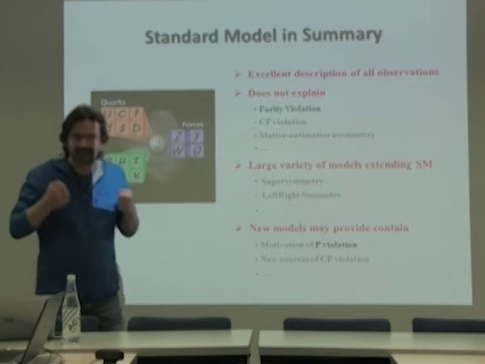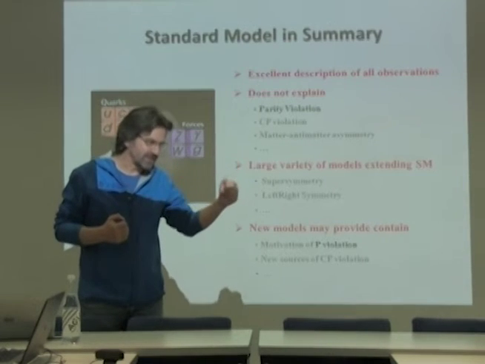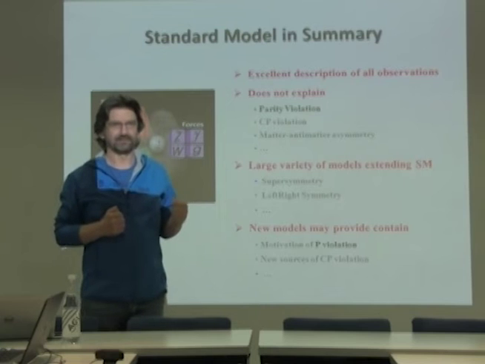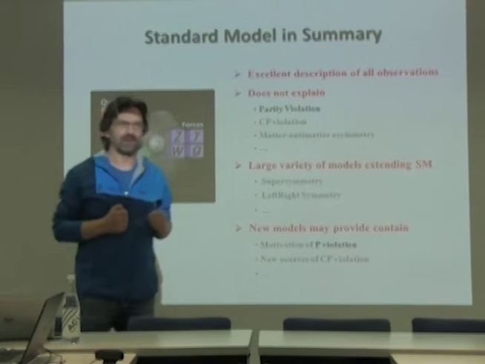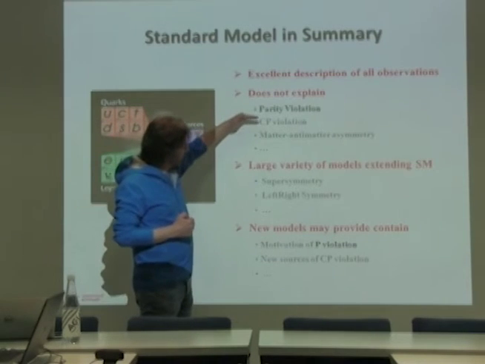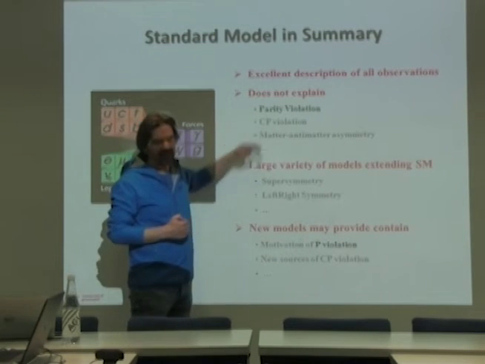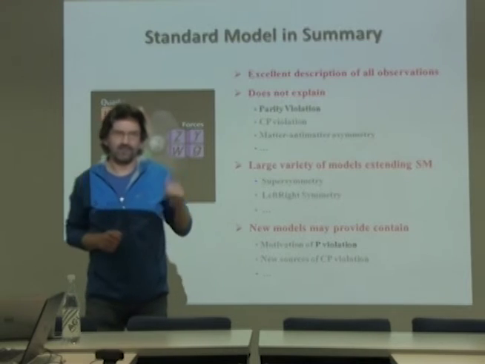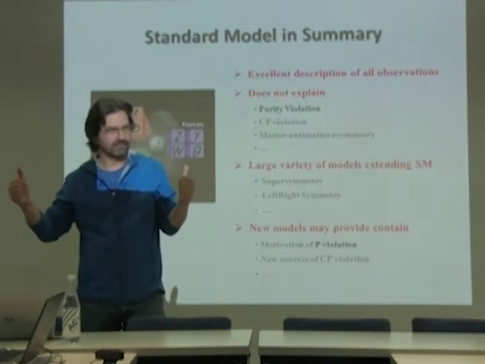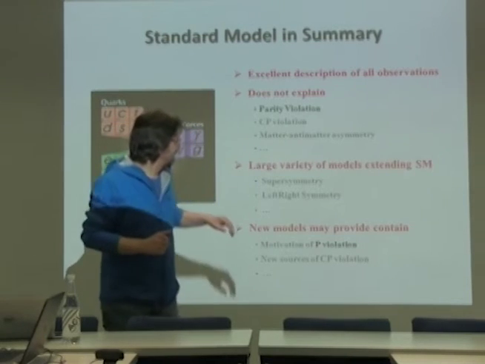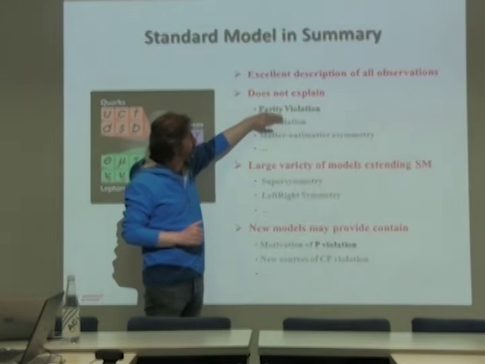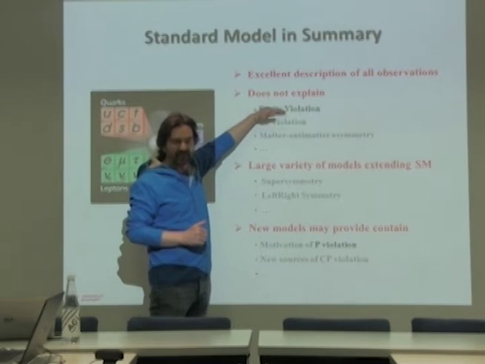So actually, every weak process is parity violating. It's maximally parity violating. There is another level, which is the so-called CP violation, the combined symmetry of particle, antiparticle, and parity, which is actually in the weak interaction of the nuclear beta decay or the muon decay.